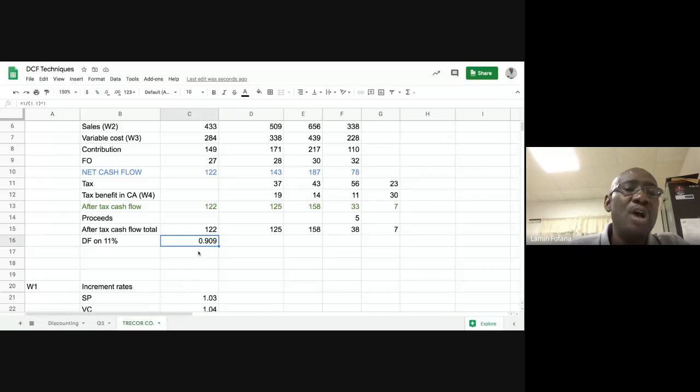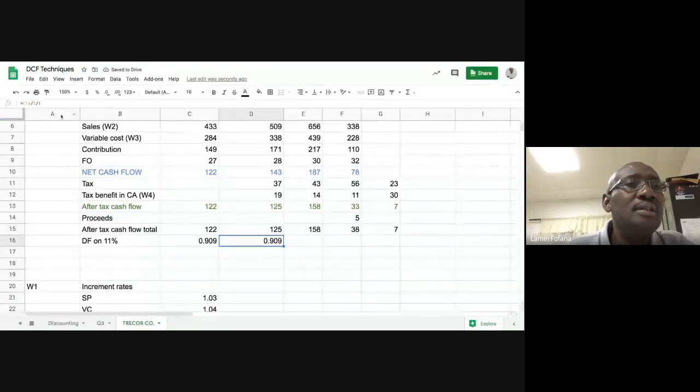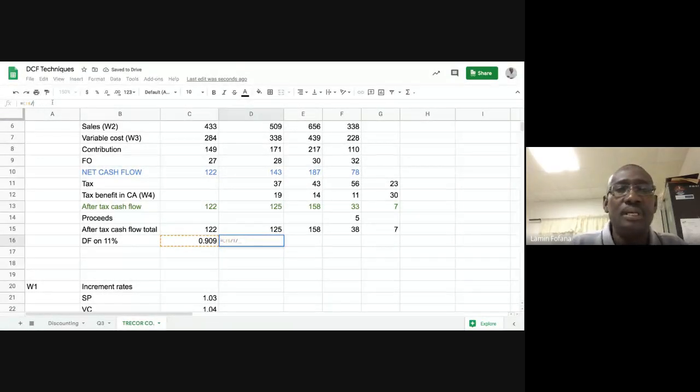Whatever you have as your answer inside your scientific calculator, divide that by 1.11.